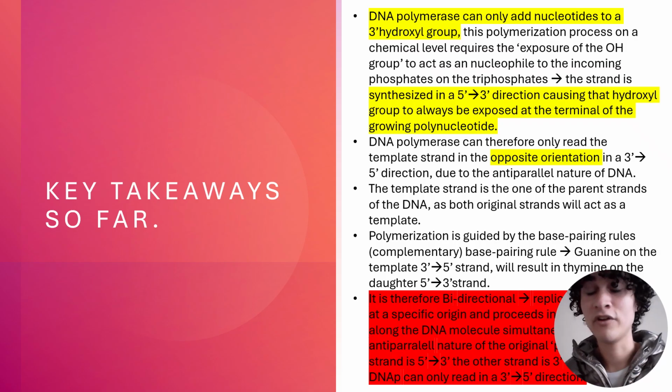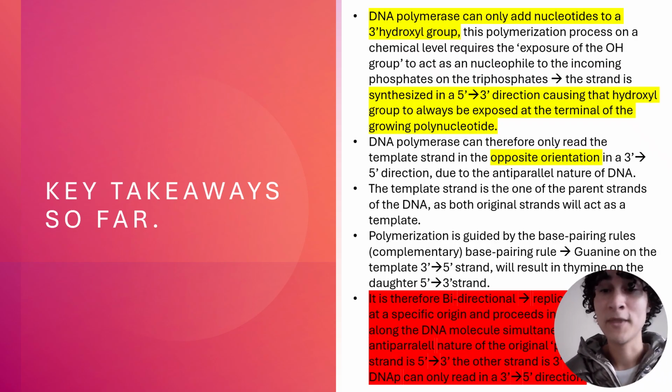Okay, and what do we mean by 3 prime? Well, 3 prime just refers to that hydroxyl group on that third carbon on the deoxyribose sugar that partially makes up the phosphate sugar backbone. Conversely, that phosphate group is bonded to the fifth carbon on the deoxyribose sugar, and that will form a phosphodiester linkage downstream or upstream with another deoxyribose sugar, on that third carbon hydroxyl group, which acts as a nucleophile.